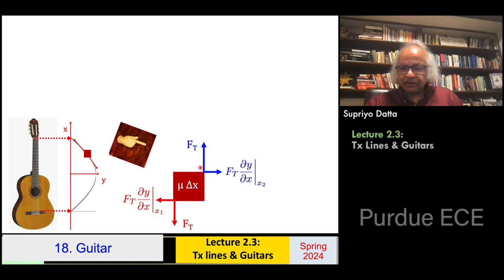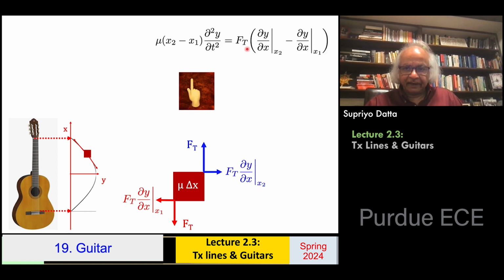Whereas in the y direction, the force is Ft times the slope of the string at that point, Ft dy dx. And so on the left, you have Ft dy dx at x1, that's the left end of this element. On the right end, it's Ft del y del x at x2. And if you look at the difference, that's the net force acting on that little piece.